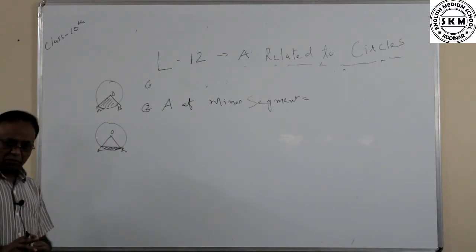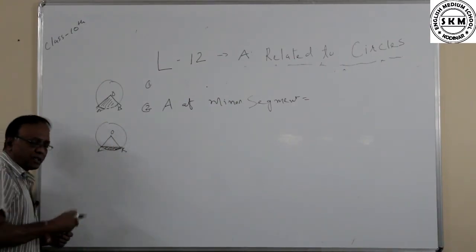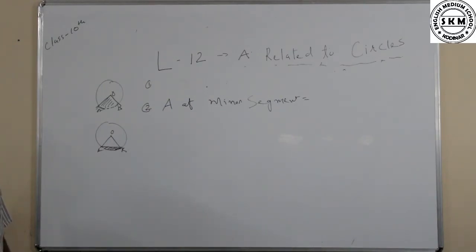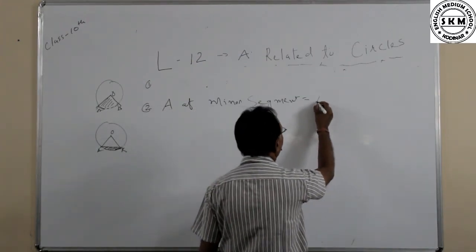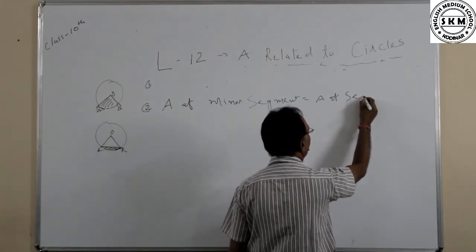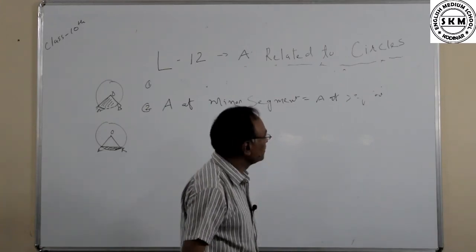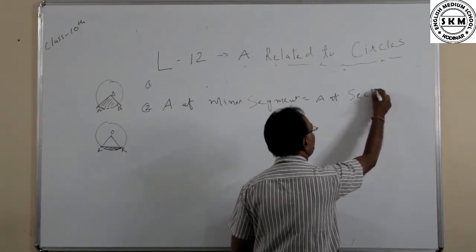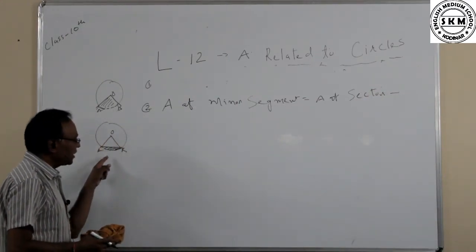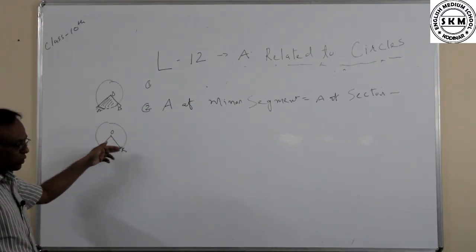So directly we cannot find the area of the minor segment or major segment. So here we take the area of the sector. Now the formula: area of the sector, and we take away the portion of the area of the triangle OAB.